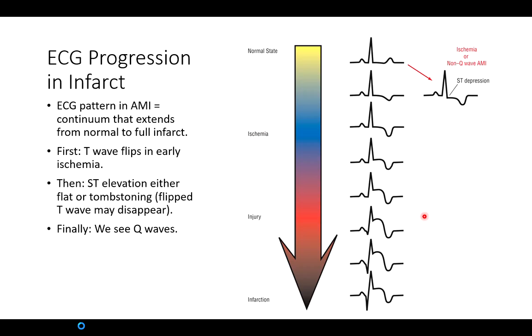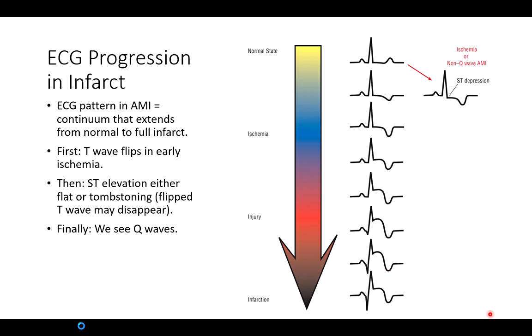And then there's the ST elevation that accompanies the flipped T wave. We start to see ST elevation with flipped T wave. For a short period of time, we'll be in this stage. And finally, we start to see these Q waves that start to develop. You see these more robust Q waves, and it's really tombstone-shaped ST elevation.